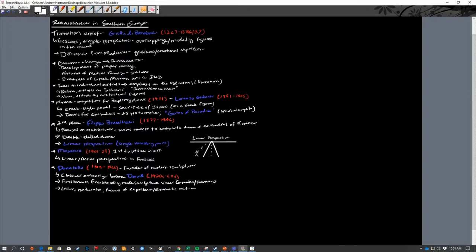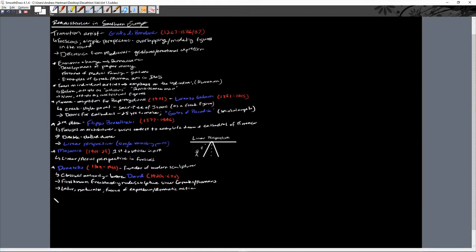Okay, so later on, a generation later, we have the artist Botticelli. And Botticelli, who lives from possibly 1444 to 1510, is most well known for his work, The Birth of Venus.